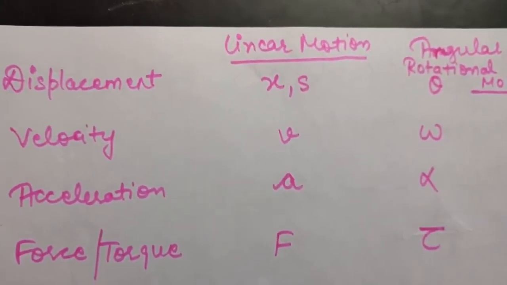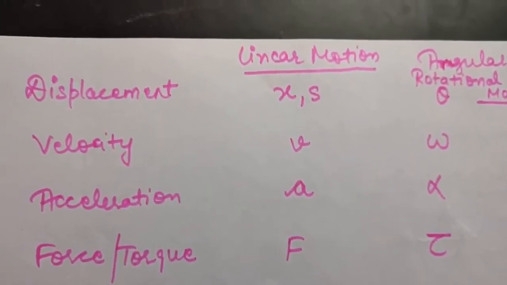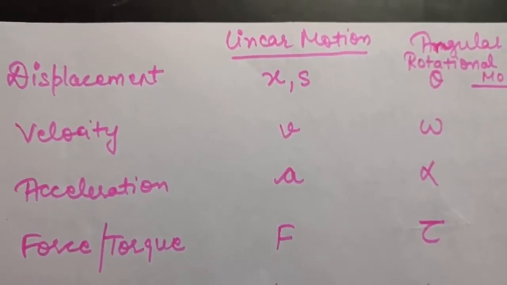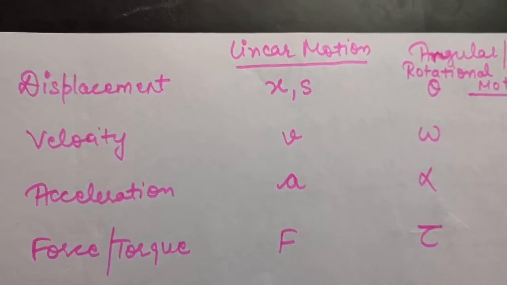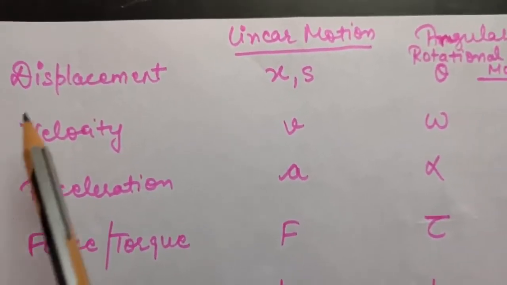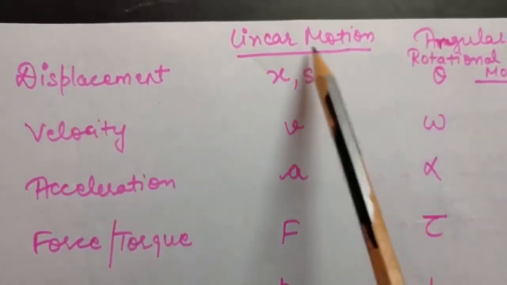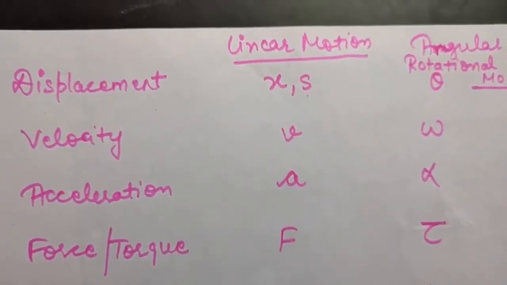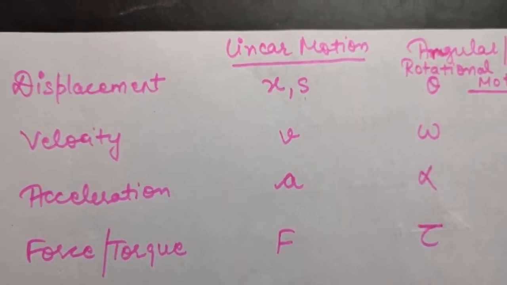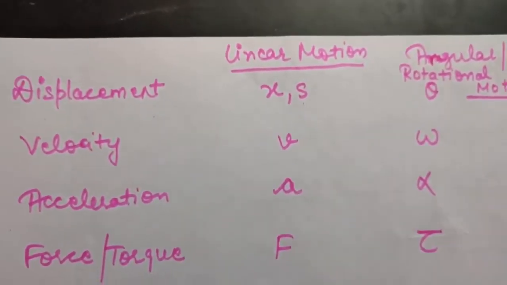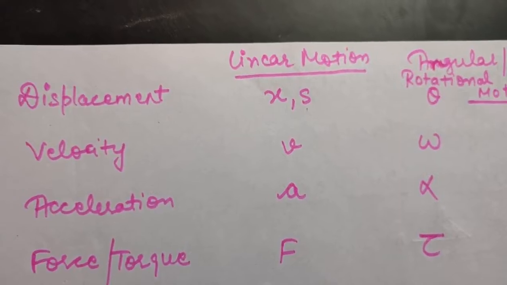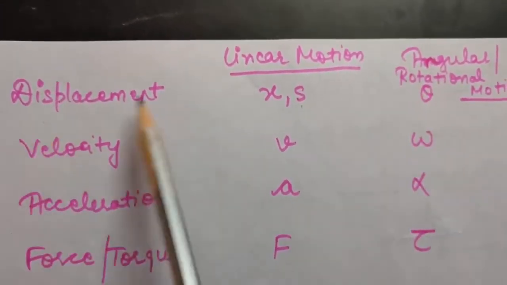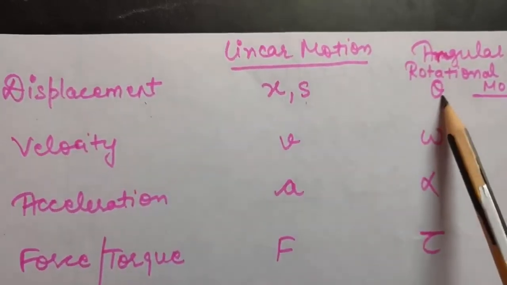I have told you this because the cross product is very important in your rotational motion chapter. Okay, now let us relate the terms of linear motion and rotational motion. For example, as you know, displacement in linear motion is either denoted by x or s, but to denote displacement in rotational motion, see, if you are rotating in a circle, what is changing? Angle is changing. That means here in rotational motion, displacement is denoted by theta.